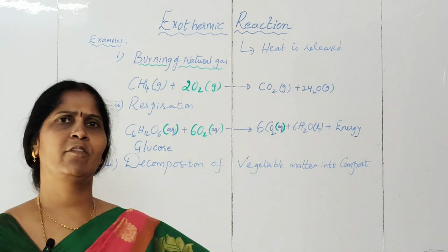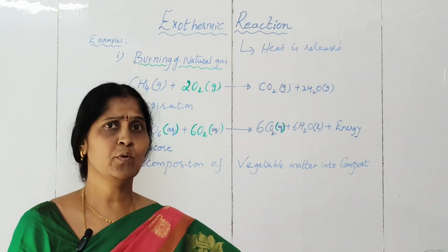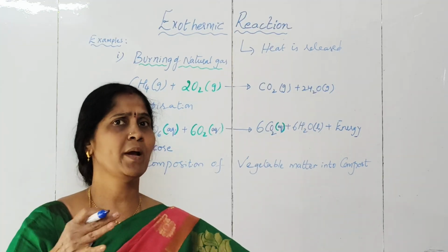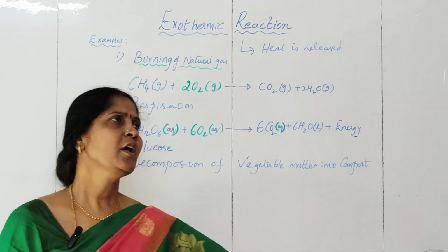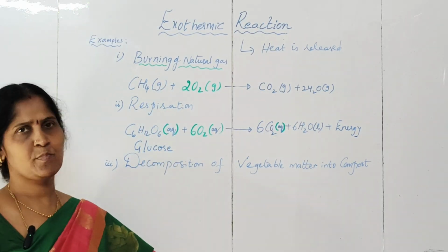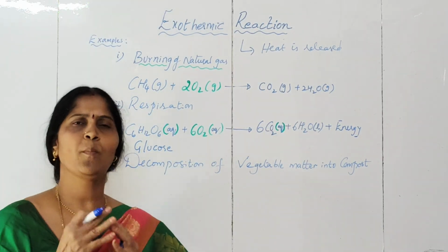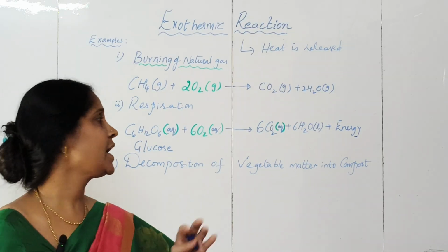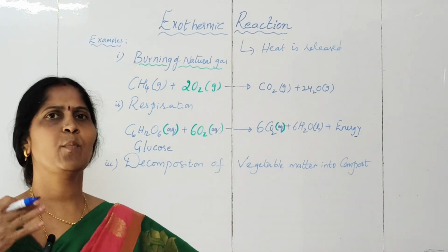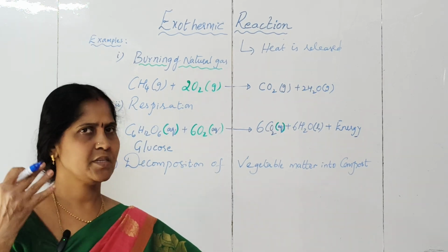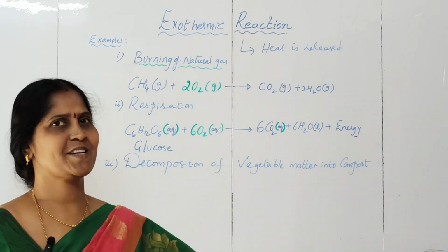We might have put compost material in our garden several times, but do you know that compost is formed by decomposition of vegetable matter and it is an exothermic reaction. These are representative examples of exothermic reactions, and so we have learnt about combination reactions and exothermic reactions along with a few examples. Let us move on and learn about the other types of reactions, that is the decomposition reaction, the displacement reaction and the double displacement reaction in the coming video.